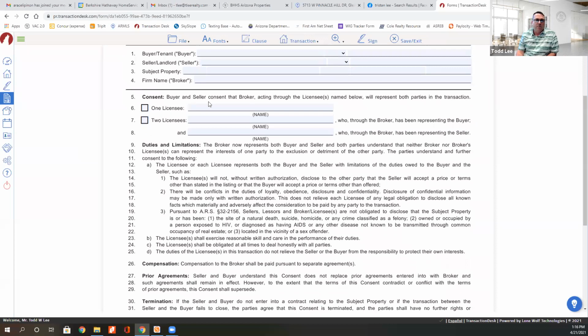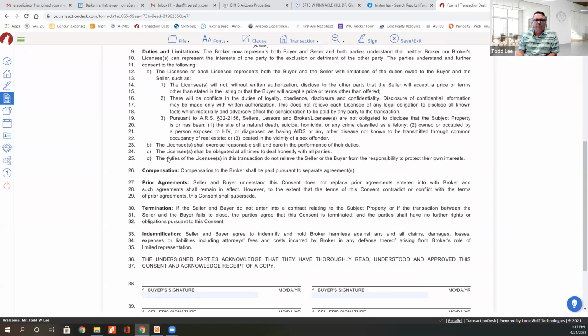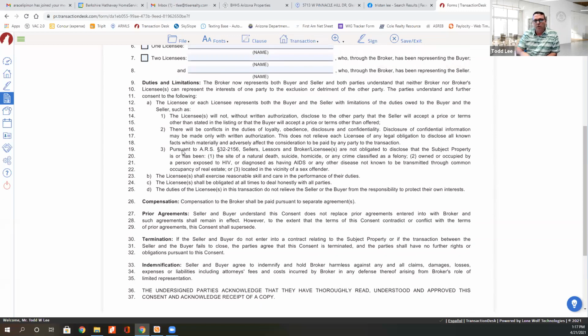And then down here, it says buyer and seller consent that the broker acting through the licensee name below represent both parties in the transaction. With one licensee, you would put the name, or if it was two licensees, if you were representing buyer or seller and one of our other agents was representing the other side, you'd put both names in there. And it just goes through and gives duties and limitations, and it really spells out what they are giving up as rights as far as having dual representation.